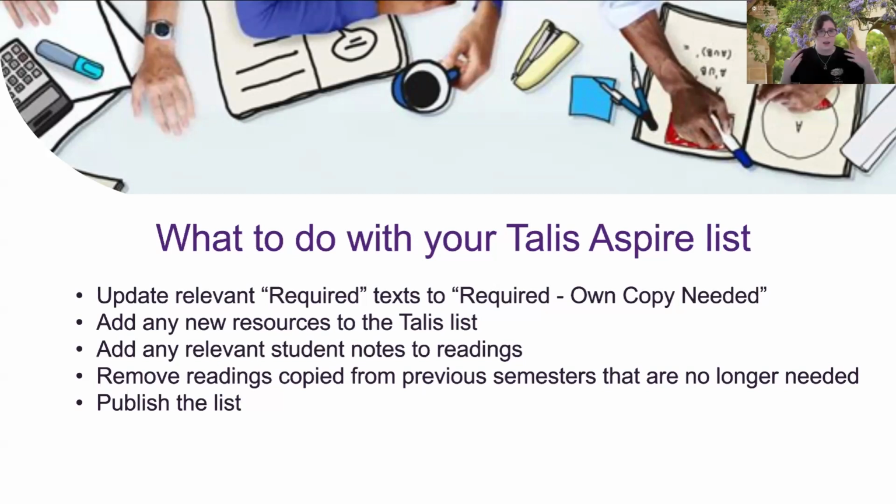You should add any new readings that are needed for the semester to your Talus reading list. You add relevant student notes to readings as well. You remove any resources that are no longer needed for this semester. And after making all those changes, publish the list so students can see it.